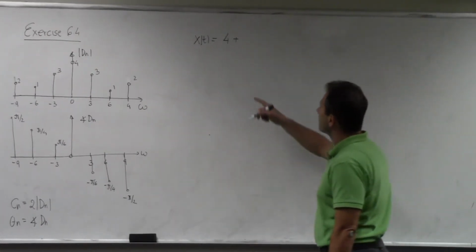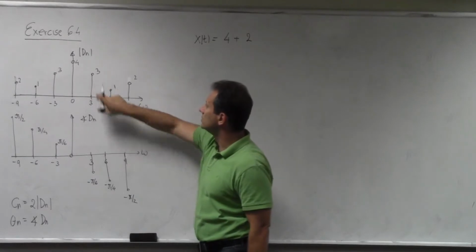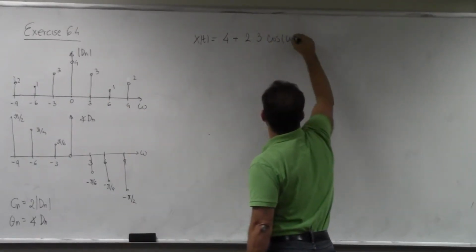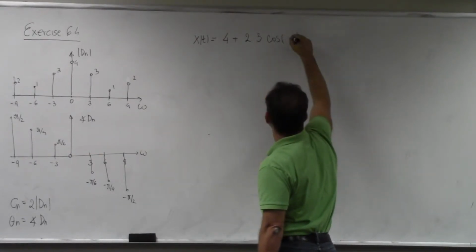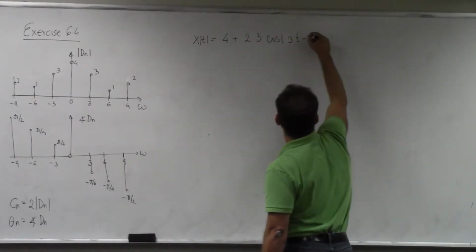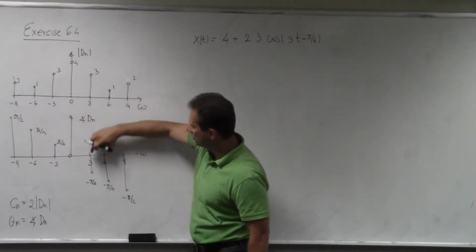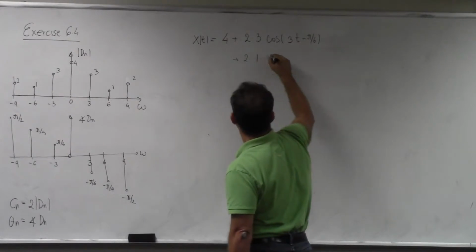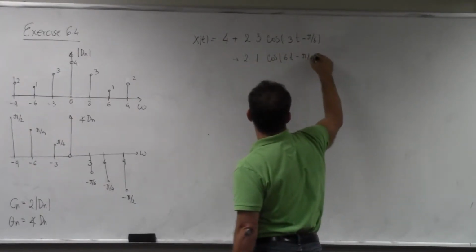So in this case, I keep on writing. It's 2 times the magnitude of the first component, which is 3, and then I have cosine omega t, or cosine omega in this case is 3t, and then I put the phase, minus pi over 6. So that's the first component associated with these 2. Then I have the next one, 2 times 1 cosine 6t minus pi over 4.